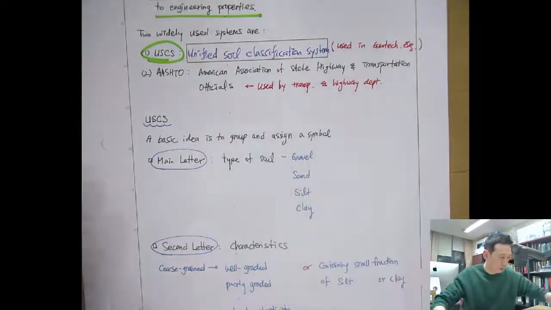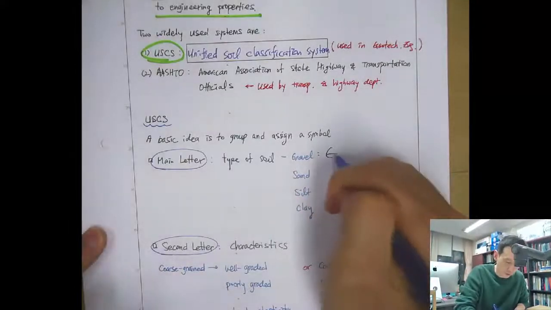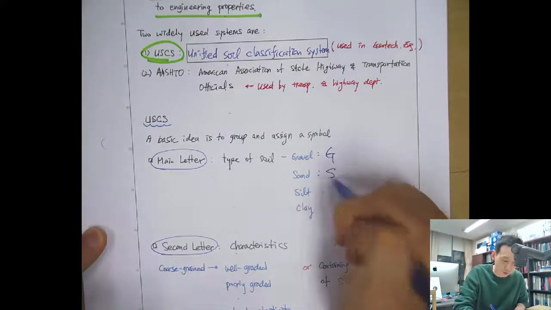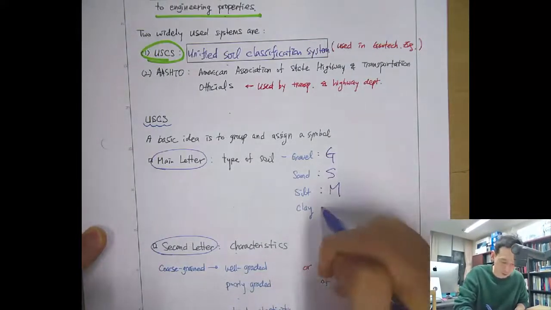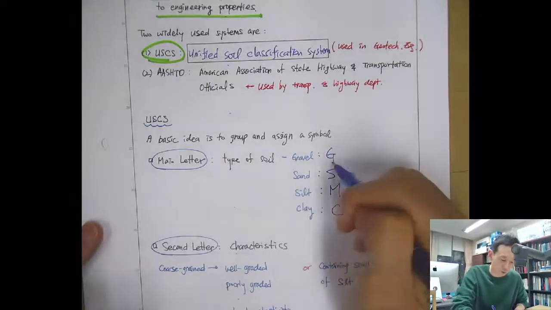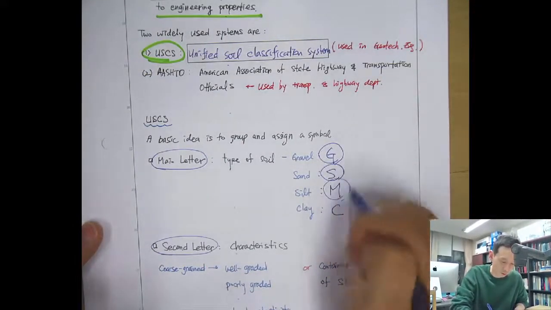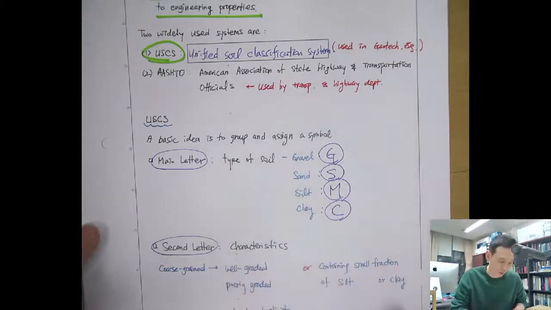For the gravel, we use G as the main symbol, S for the sand, M for the silt, and C for clay. So these are the symbols that you use in the USCS as the first letter.